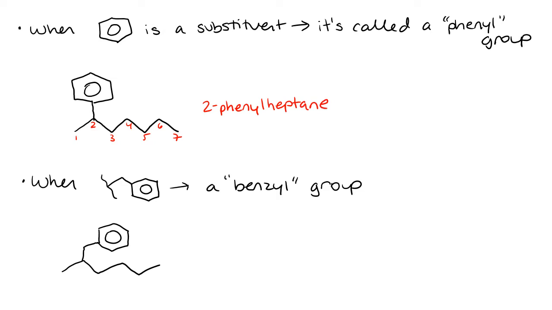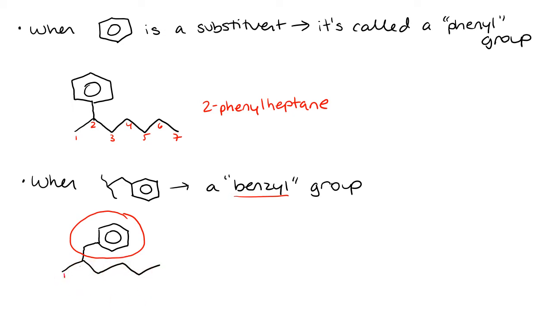Now occasionally you will have a benzene ring attached to a carbon that's attached to a long chain of carbons. So this entire thing here is our substituent, and this is known as a benzyl group. So again, in these cases, we're going to treat the benzyl group as a substituent, and we'll go through the process of naming the molecule using our 6 carbon chain as our parent chain.